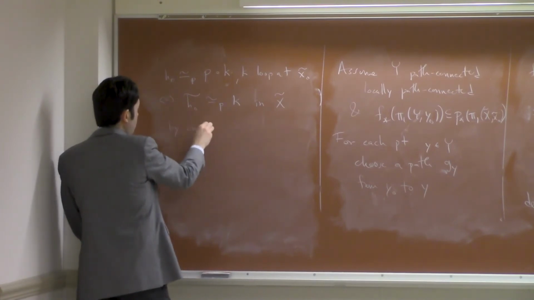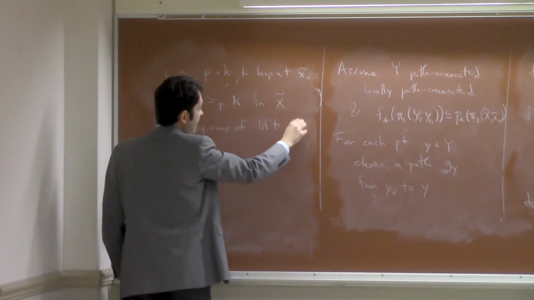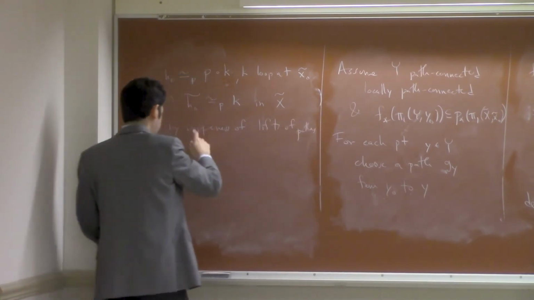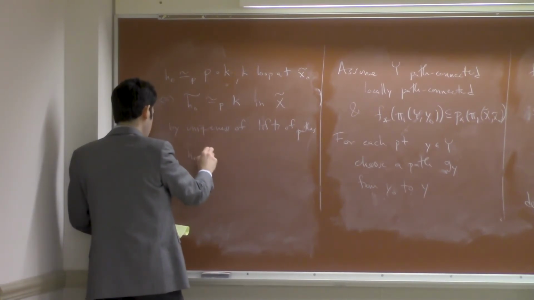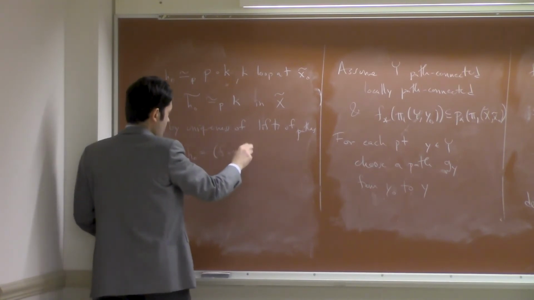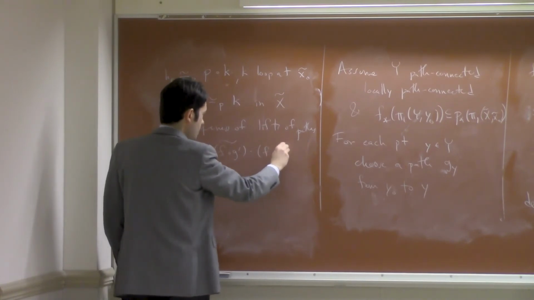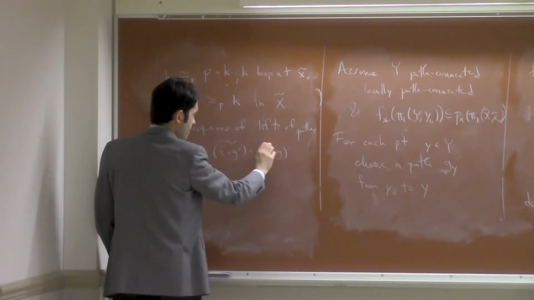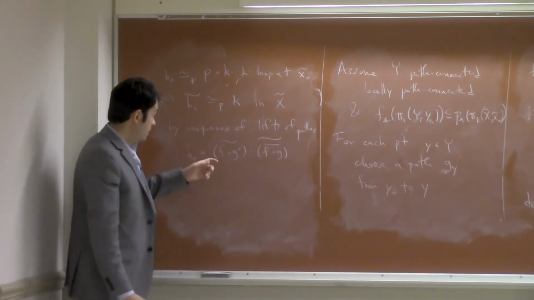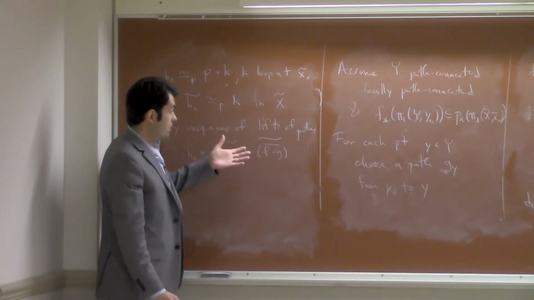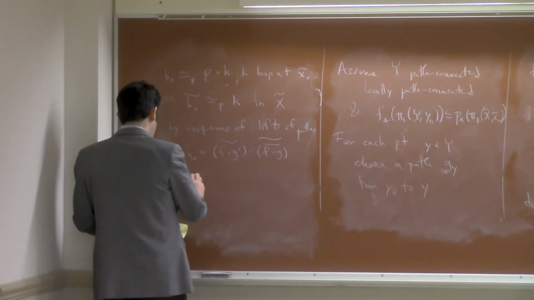Now, by uniqueness of lifts of paths, the lift is the same as lifting this and then lifting this. As paths, there's only one way of lifting it, and so you get this.